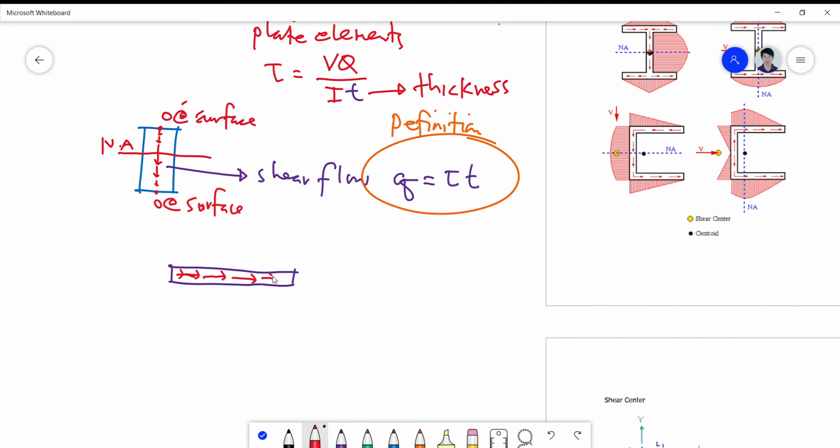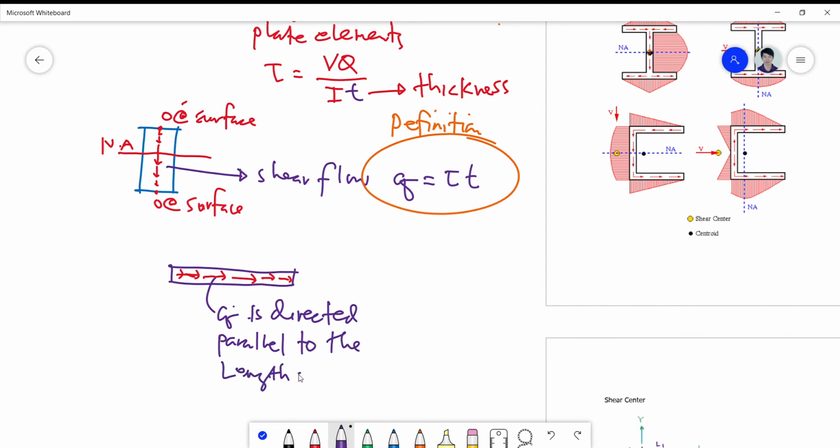Okay, so my shear flow q is directed parallel to the length of the member, or the element.